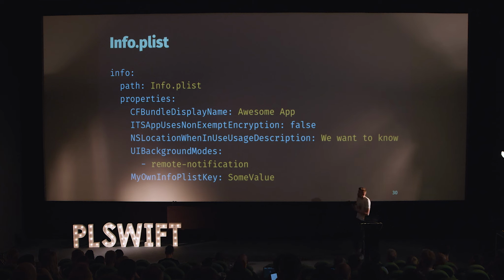But you can alter that process by providing your own properties or changing the path where the generated info list will be. If you don't like this behavior of XcodeGen generating the info list for you, you can opt out of it completely and just manage your info list by yourself.